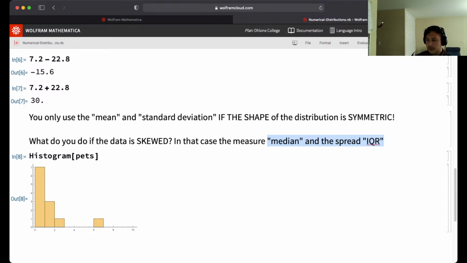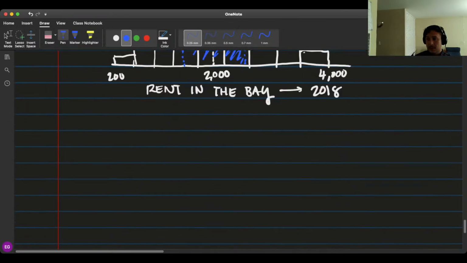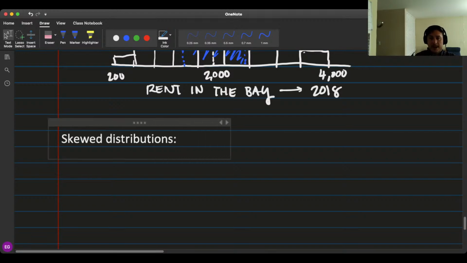Okay. So I'm going to go back to the notes so I can just write about it to tell you what it means. Okay, so let's talk about skewed distributions, i.e. when you're using the median and IQR.